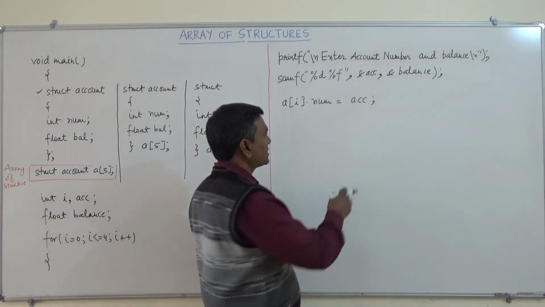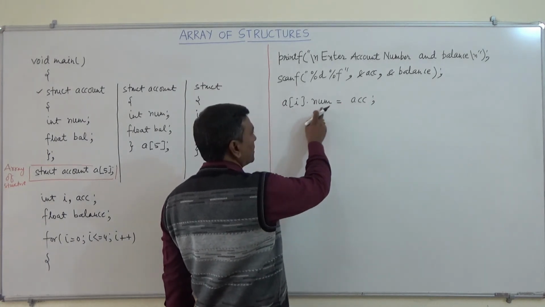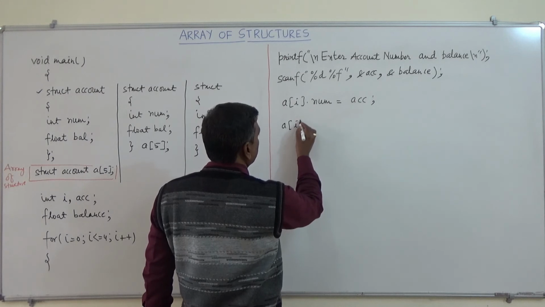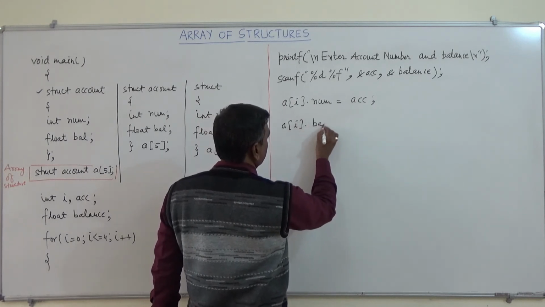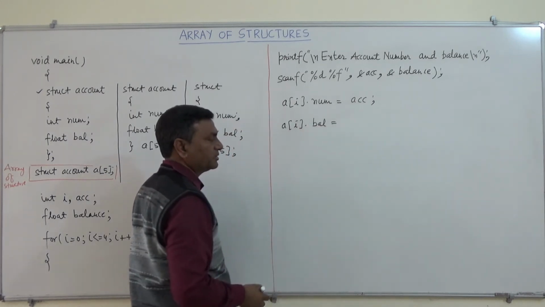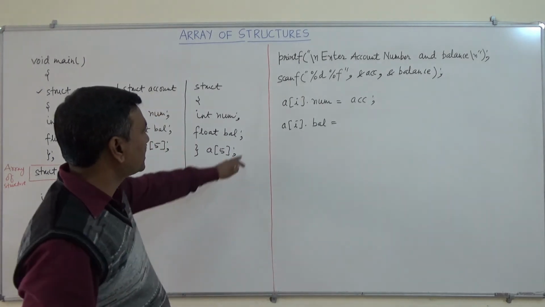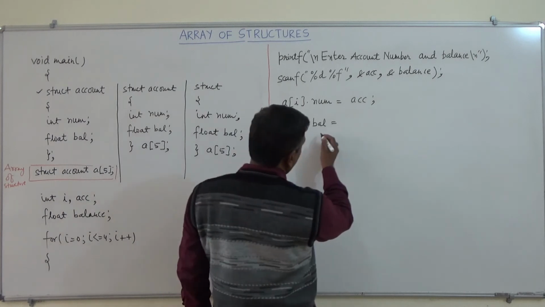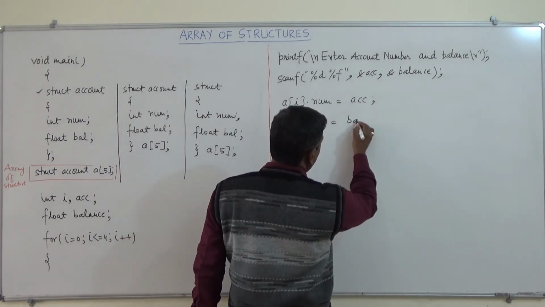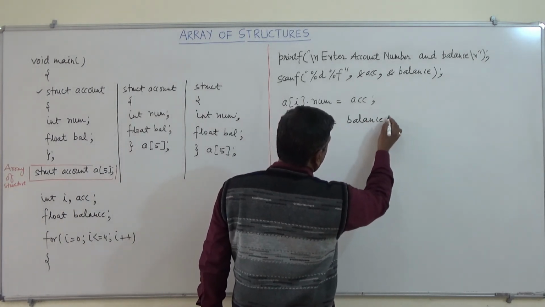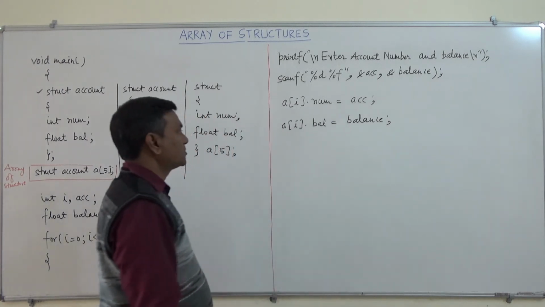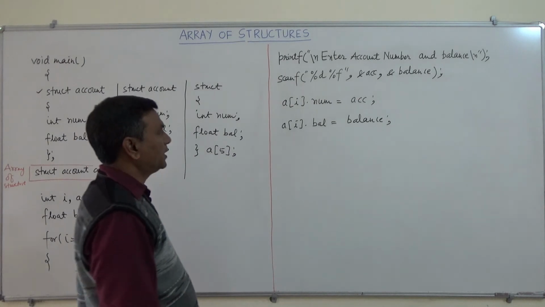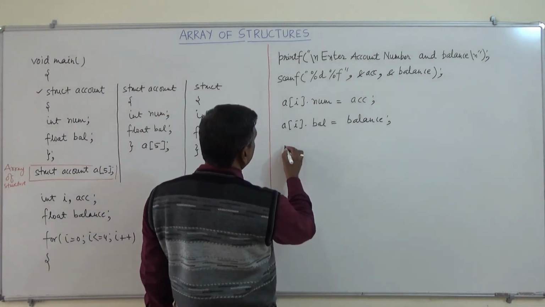Then secondly a[i].bal equals balance. This is the second item of the structure. In this way we can assign these two values, and now we can print accordingly.